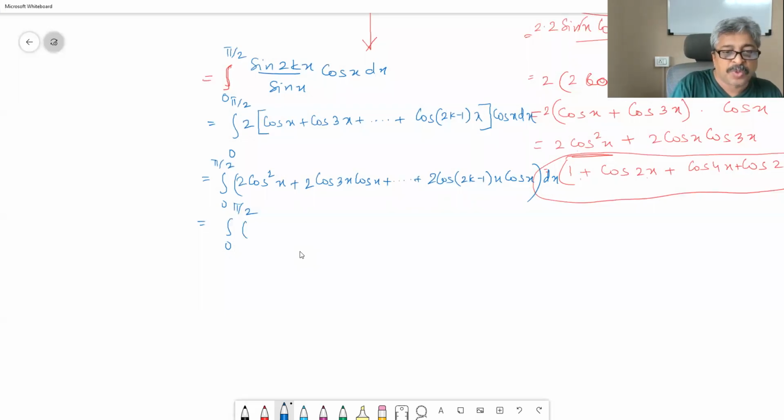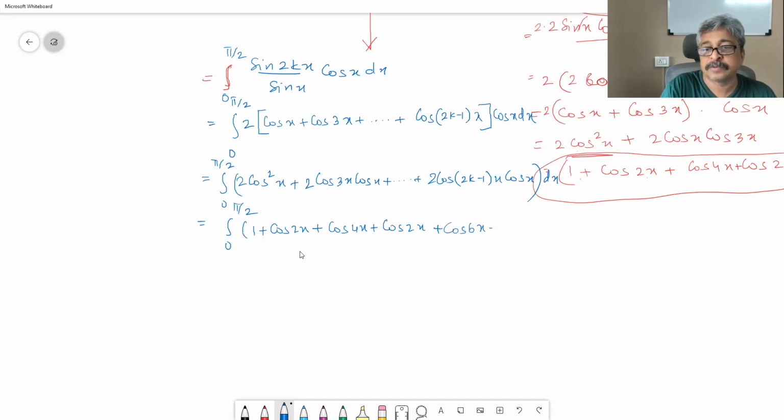Cos square x can be written as 1 plus cos 2x, plus 2 cos 3x cos x can be written as cos 4x plus cos 2x, plus what will be the next term, cos 6x plus cos 4x, right, plus dot dot dot plus all terms will be double every time, 2x 2x 4x 4x 6x, and the last cos 2kx dx. This is only once.